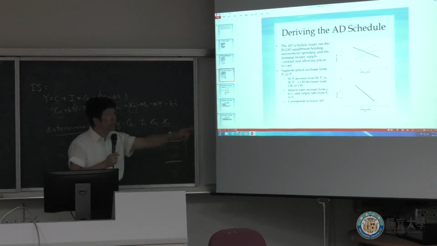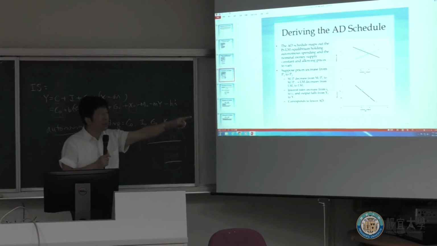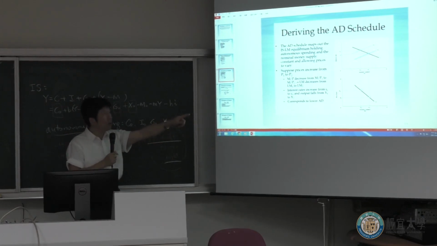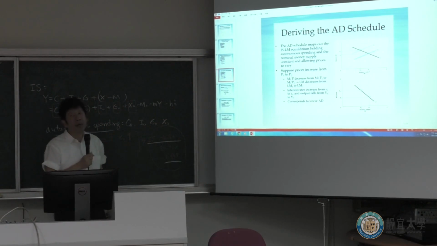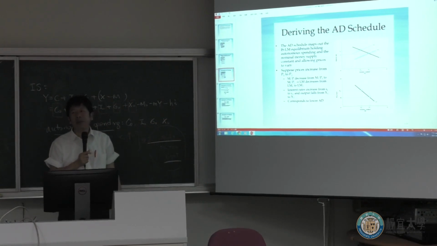So you can see, and after that we can combine this result and find the AD curve. It has a negative slope.